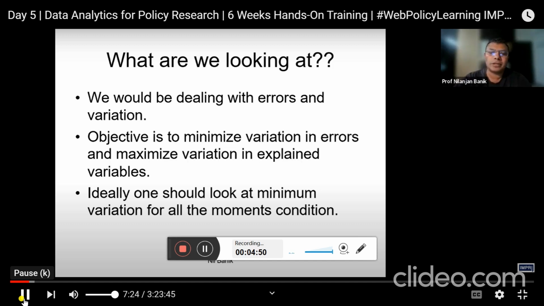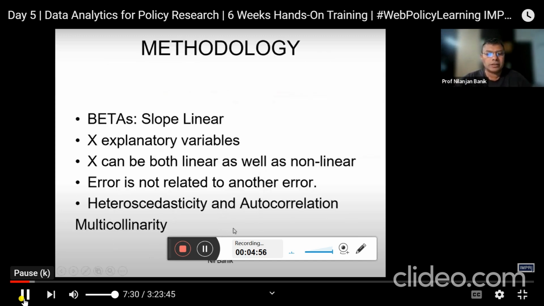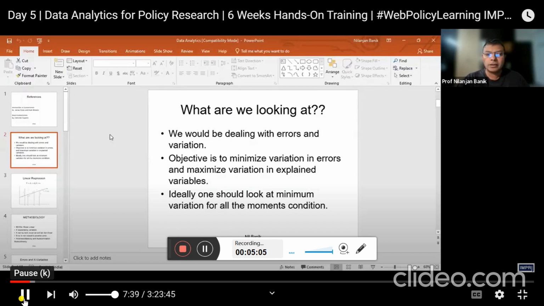So what I'm trying to say is, if I'm looking into the moment conditions, in this case I'm just looking into the mean and the variance. The mean is the first moment condition and the variance is the second.